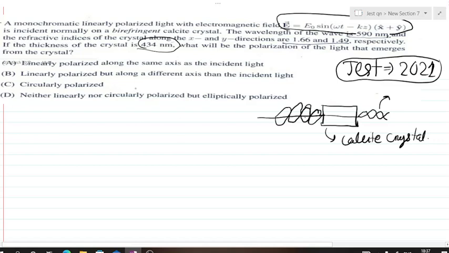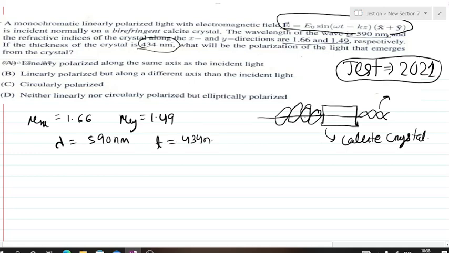It's the calcite crystal, and the refractive index in the direction of x is mu x, 1.66, and mu y is 1.49. The incoming wavelength is 590 nanometer and the thickness of the crystal is 434 nanometer.